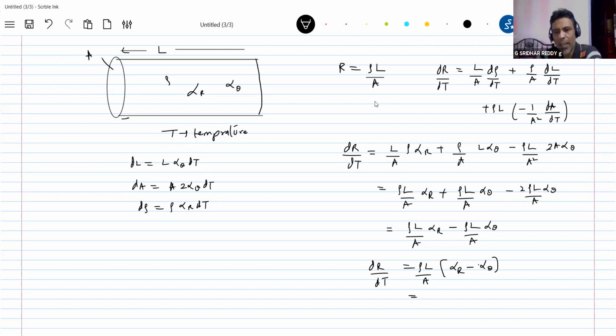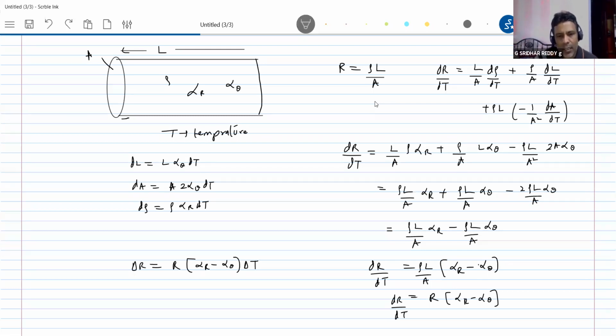Further, what is rho L by A? It should be equal to R, the resistance. In generalized form, delta R is equal to R into alpha R minus alpha theta into delta T. Usually alpha theta is very much less compared to alpha R. That's why in all our numericals we didn't bother about the thermal expansion of the material.